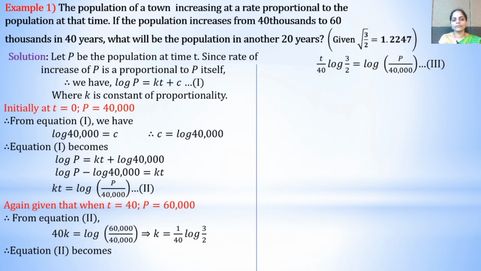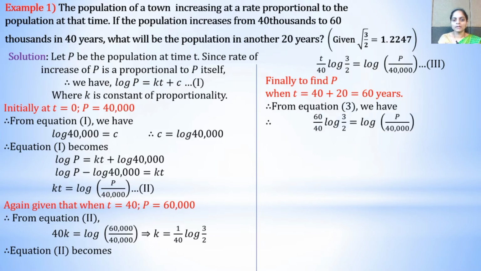Now we have to find the population after another 20 years. So we take t is equal to 40 plus 20 is equal to 60 years. Now we put the value of t in equation 3. It becomes 60 divided by 40 into log of 3 by 2 is equal to log of P divided by 40,000. Now here 60 divided by 40 is 3 by 2.